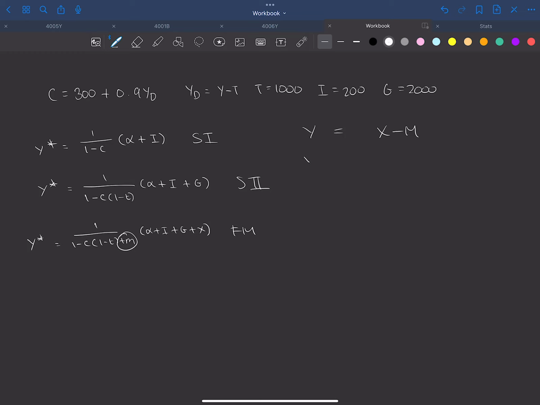Well, if you add m to both sides of this simple equation, you get plus m. You want to prevent double counting, so you move this little m to the other side, and then when you factor out Y and bring it back down here, it's positive. So that's why that is there.